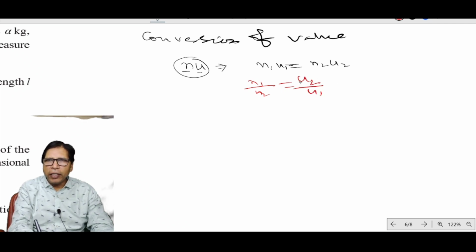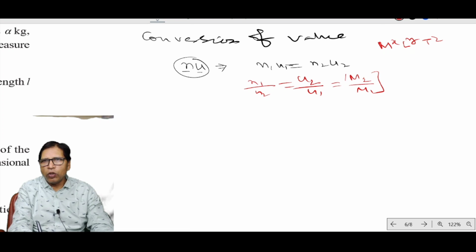If the dimension of the physical quantity is M to the power x, L to the power y, T to the power z, then this can be written as M2 by M1 to the power x, L2 by L1 to the power y, and T2 by T1 to the power z.